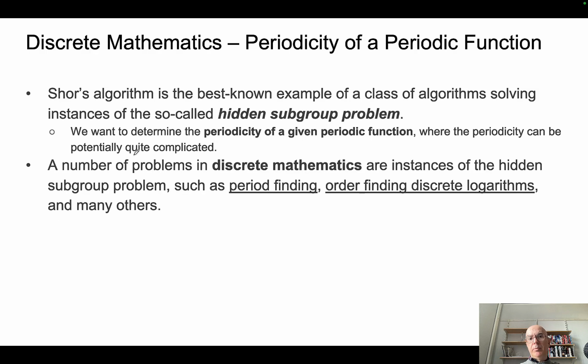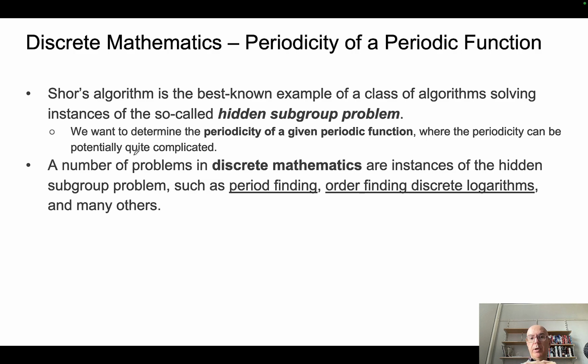Shor's algorithm is probably the best known example of a class of algorithms solving instances of the so-called hidden subgroup problem. What is that actually? In the hidden subgroup problem, we want to determine the periodicity of a given periodic function, where the periodicity can be potentially quite complicated and can take a lot of time to calculate.